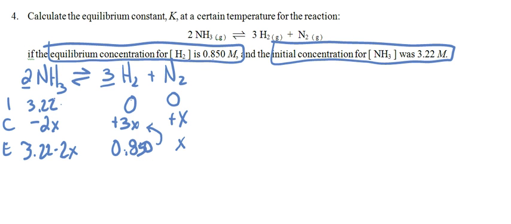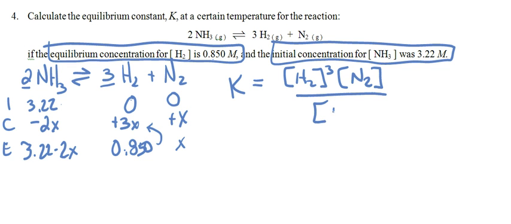Once you have this information, you have the choice of either determining what x is right now or writing the expression. Well, I'm going to go ahead and write the expression because I want to get that out of the way. So it's just K, not Ka, not Kb, because this is not an acid and base reaction. These are all gases. So we'll have products over reactants. So we have our hydrogen, and that's cubed, and our nitrogen, which is not, over our ammonia, which is squared.